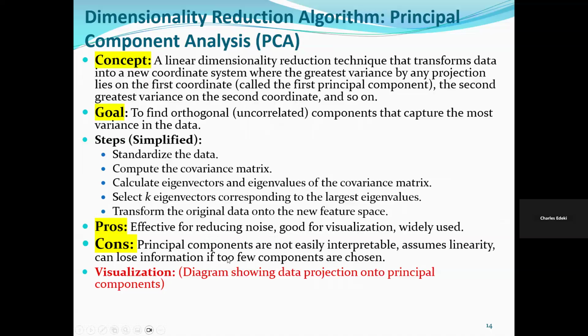And one more, it can lose information: if too few components are chosen, potentially important information like the variance might be discarded or lost.